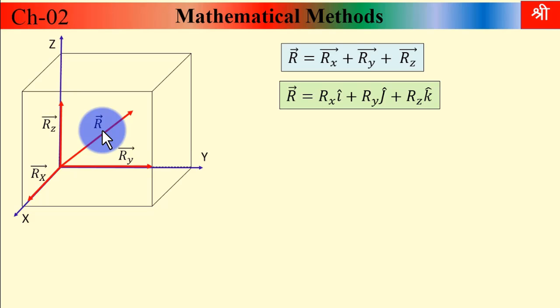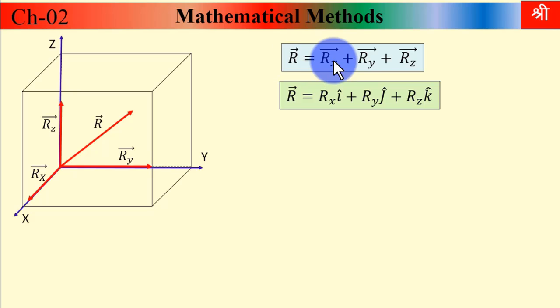Then this vector r has three components, vector rx, vector ry and vector rz, directed along x, y and z axis respectively, such that vector r is equal to vector rx plus vector ry plus vector rz.